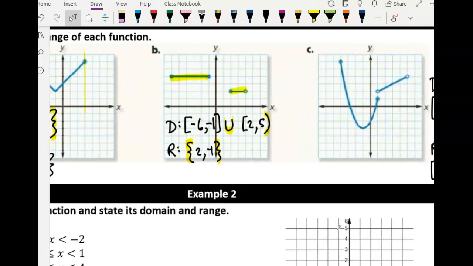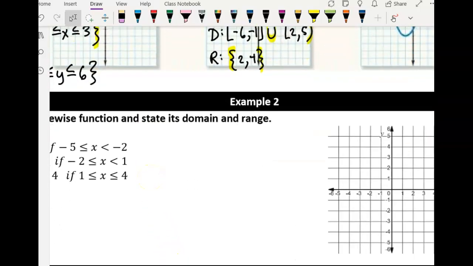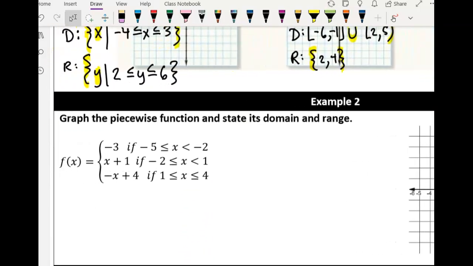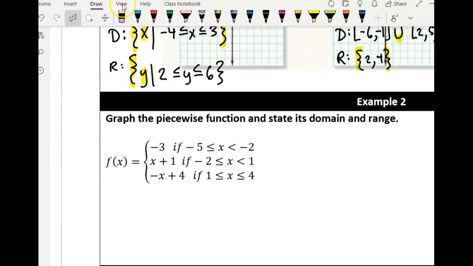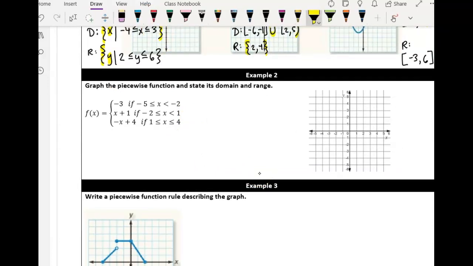All right, now we're going to go ahead and take a look at how to graph these. Then we'll state the overall domain and range. So I'm going to zoom back out so we can fit the graph and this. Essentially, in this case we have 3 different equations. So for example, there's that one, there's an x plus 1, and there's a -x plus 4.